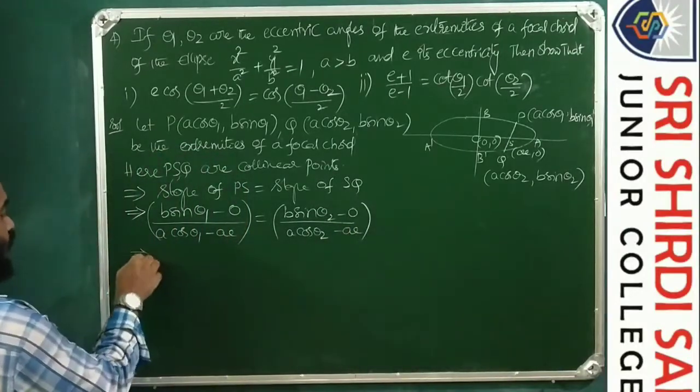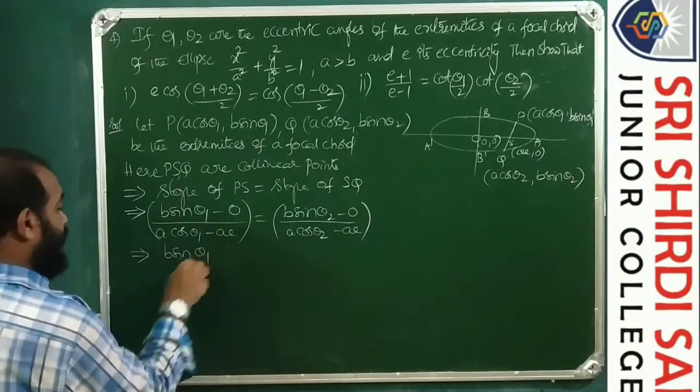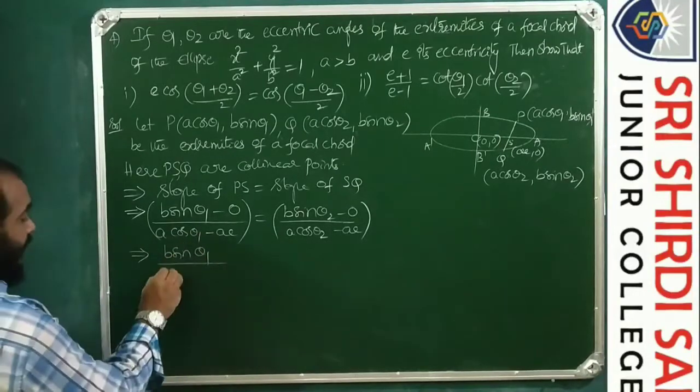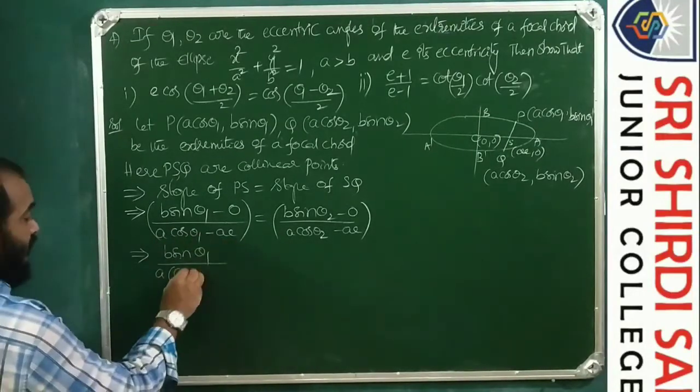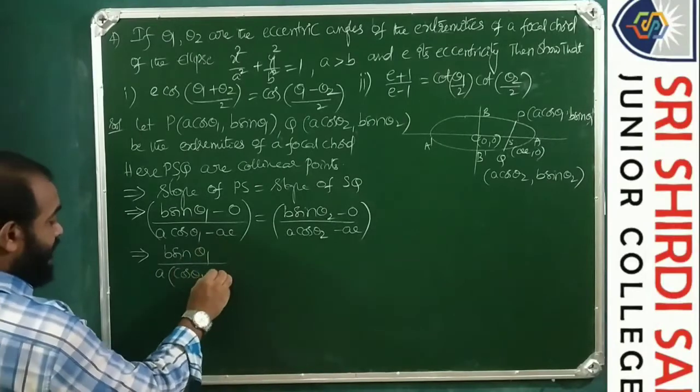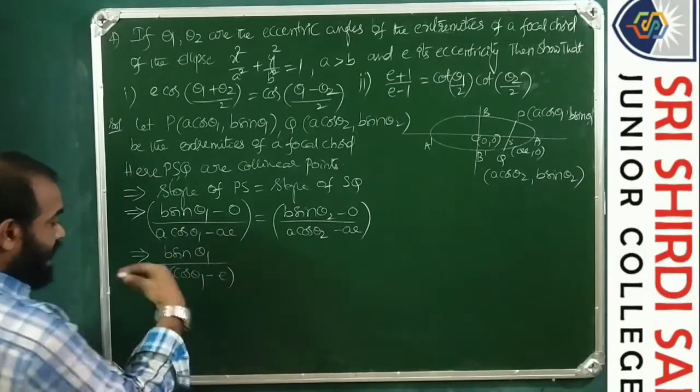So this is equal to b sin theta 1 by, if you take a common in both of them, cos theta 1 minus e.